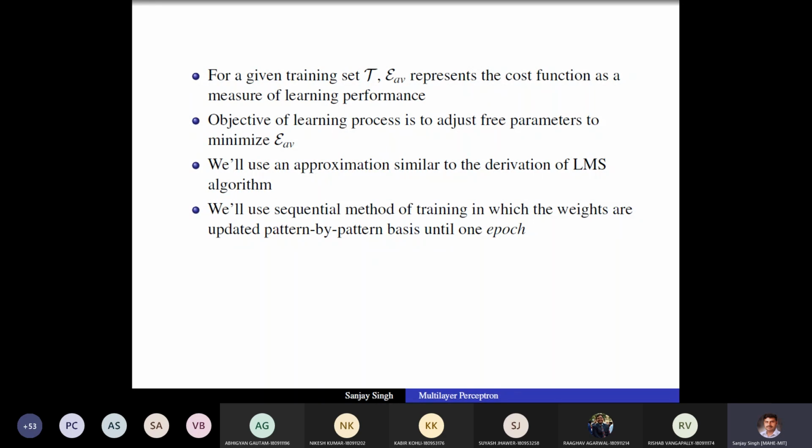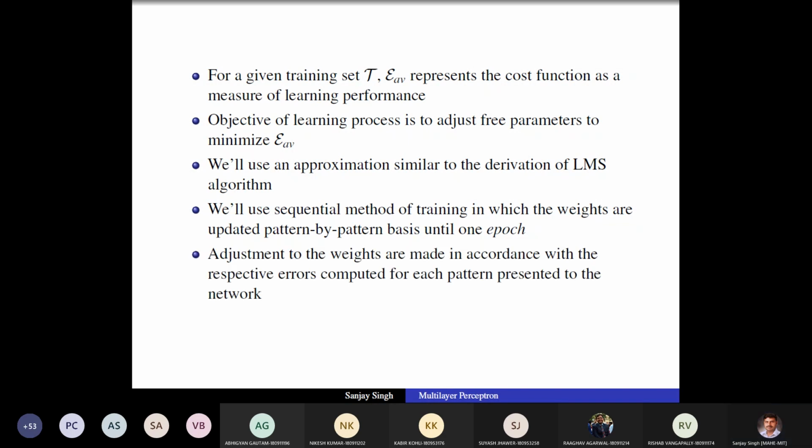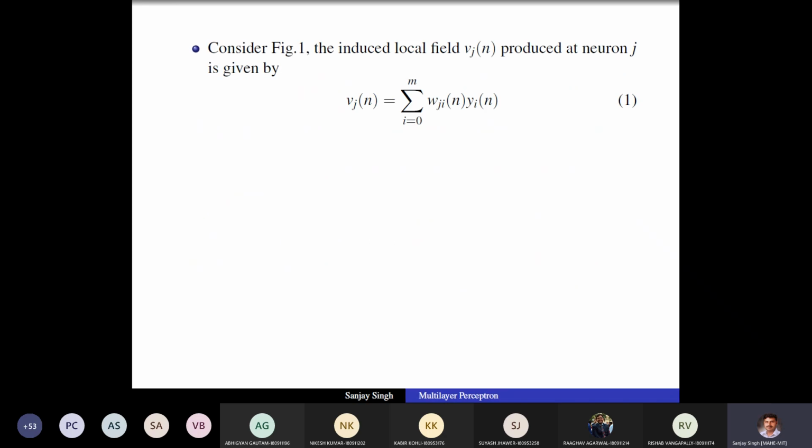You have to go one by one till the entire 1,000 examples get exhausted. Subjecting the set of 1,000 examples to the network is called one epoch. Now adjustments to the weights are made in accordance with the respective error computed for each pattern presented to the network, and we'll see how that happens.